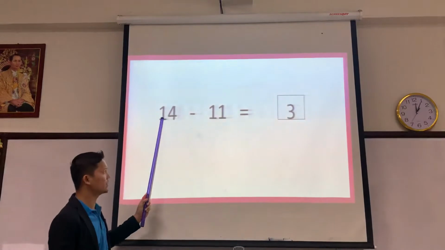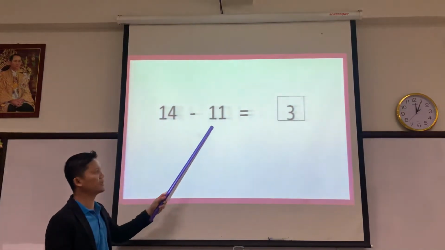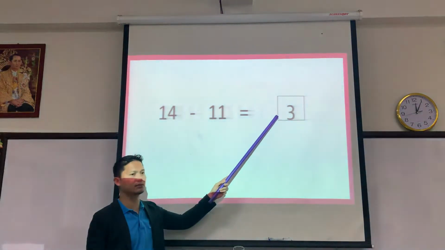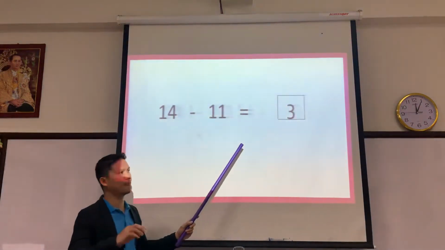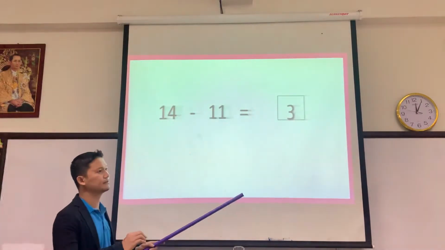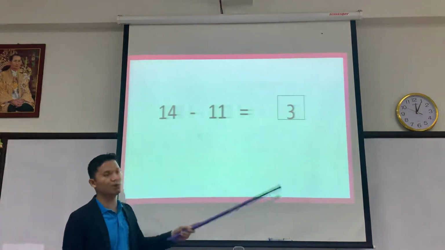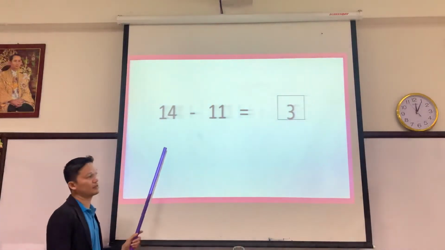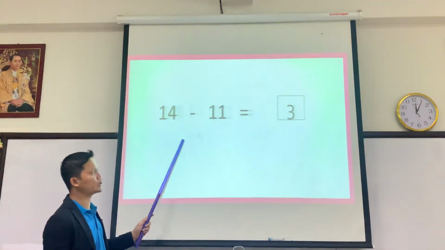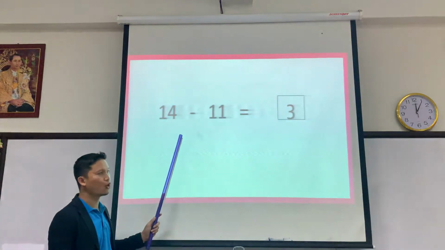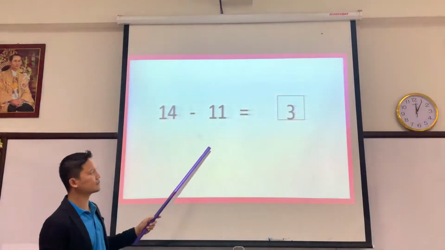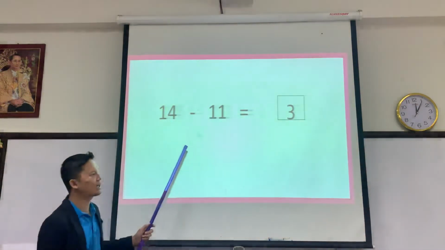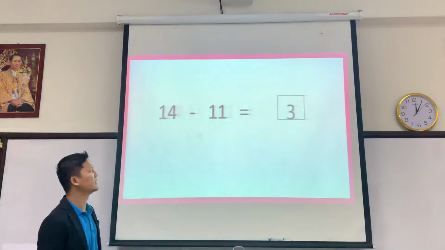Then we go to the tens place: 1 minus 1 is 0. Do we write 0 here? No, that is exempted in the procedure of subtracting numbers in this lesson.